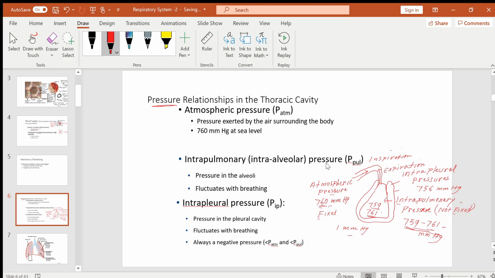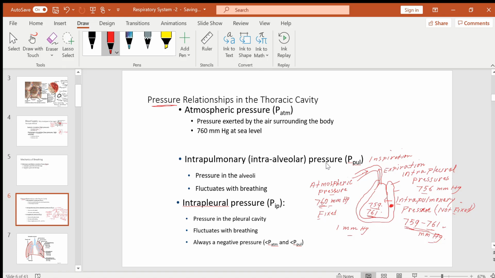Okay. Now let's talk about the intrapleural pressure. Always 756. That means here always 756, right? Even when inside the lung the pressure is 759, the intrapleural pressure is less. How much? 3 millimeter of mercury.